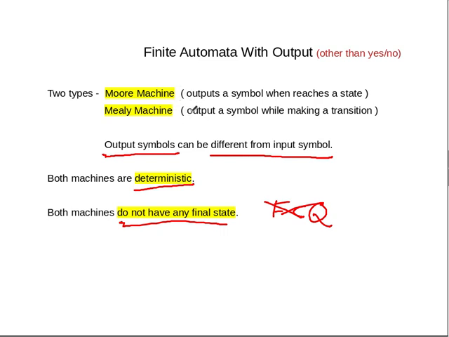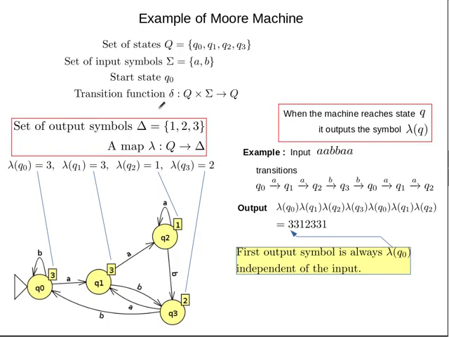So let us see in more detail how these machines look. Let's consider the Moore machine first. As I said, it outputs a symbol when it reaches a state. So this is how it looks. If you see, this is just a DFA. There are states, there's a start state Q0, and there are transitions labeled by input symbols.